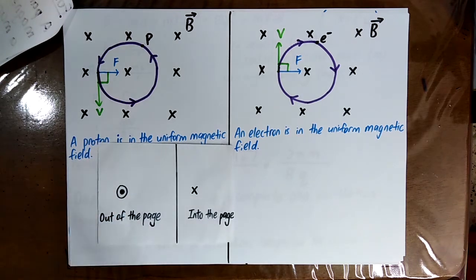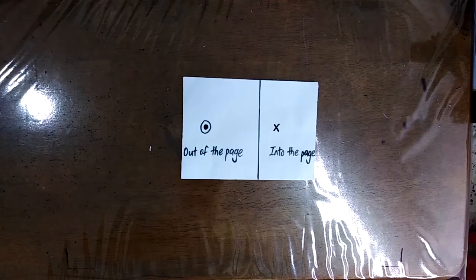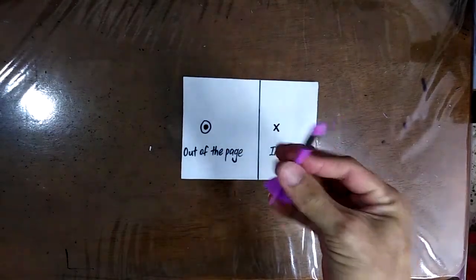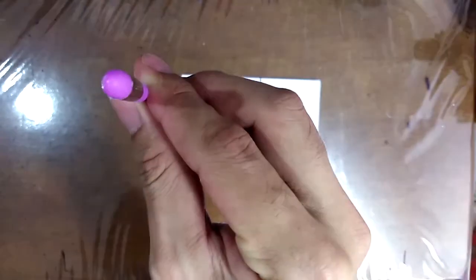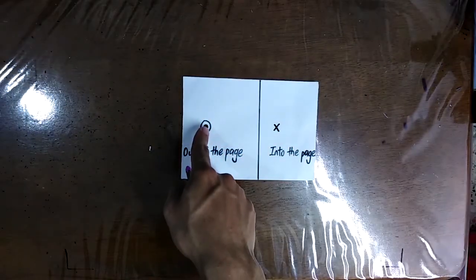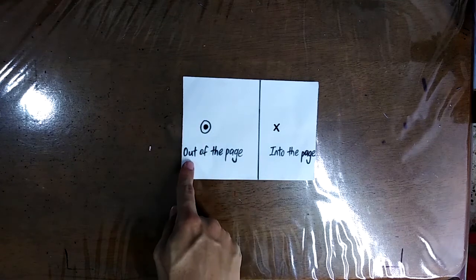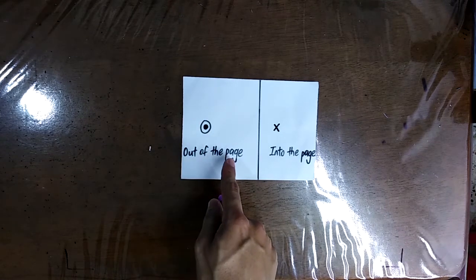So before this, I want you to know how the symbols work, that means where the symbols come from. Okay, this is an arrow. If the arrow is coming to you, you will only see a dot like this. Okay, so if you see a dot like this, you know that the direction is out of the page.